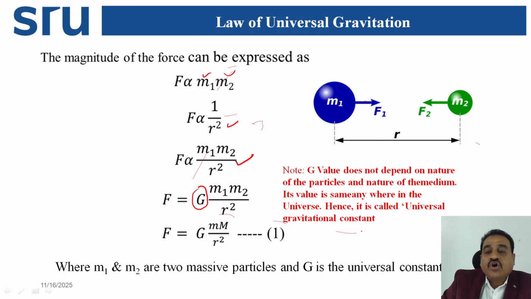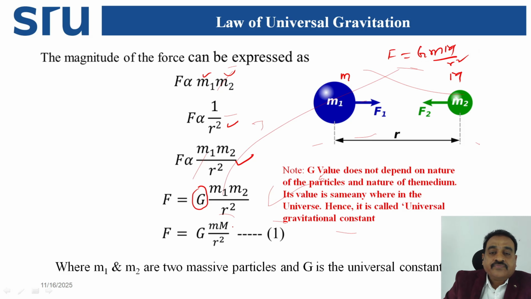For example, with the other mass, at the place of M1 take small m, and at the place of M2 take capital M. We can modify: F is equal to G small m into capital M by the distance square. You can see equation 1, where M1, M2 are two massive particles and G is the universal constant.